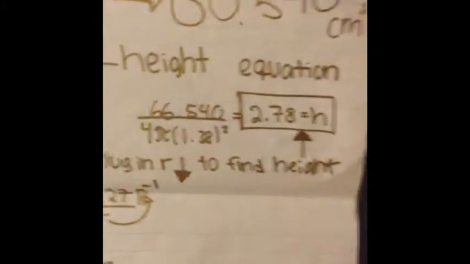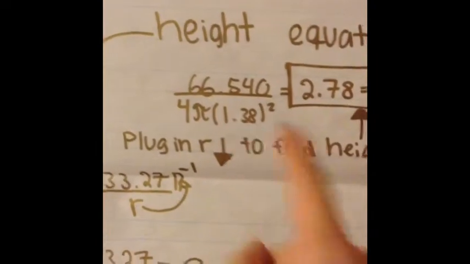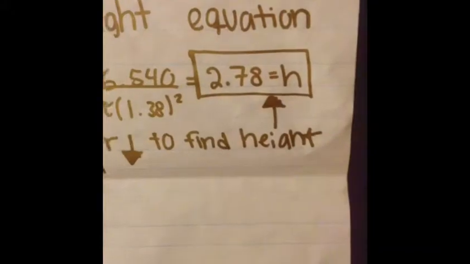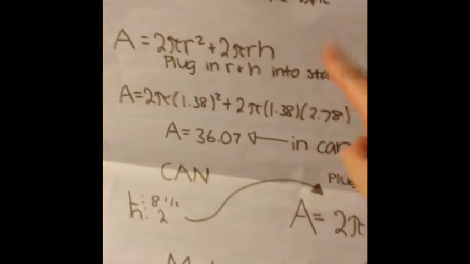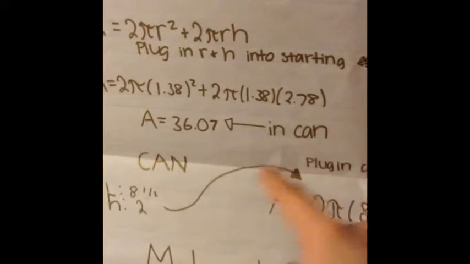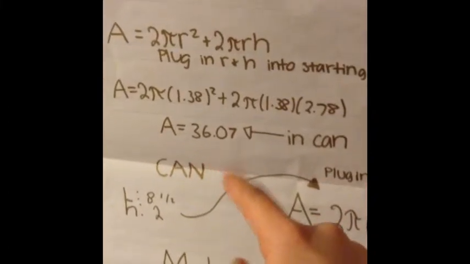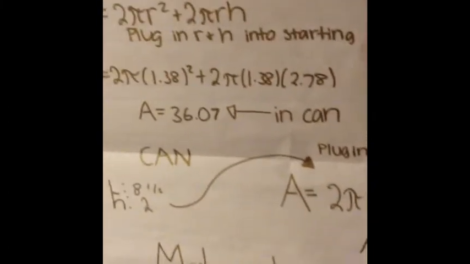You're going to put that 1.38 where the r was, and it's going to equal 2.78. And go right here and plug r and h into your starting equation. Plug it in, and it's going to come out to 36.07 in your can.